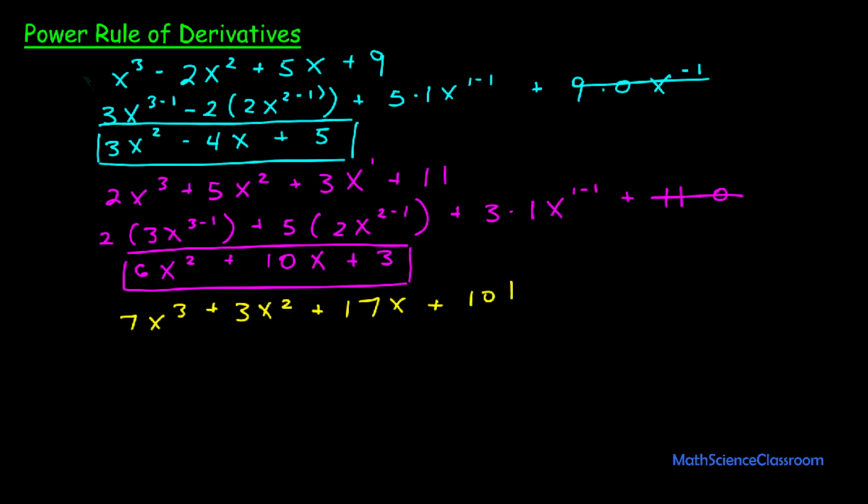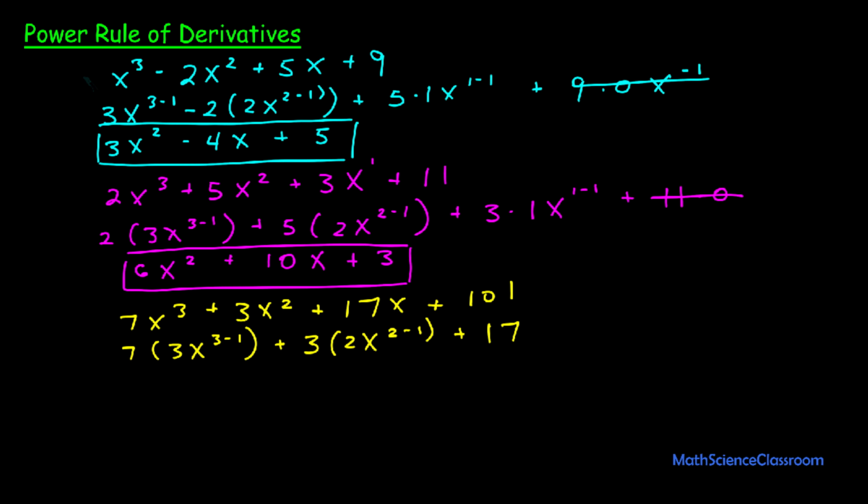So using the constant multiple rule, 7, and then using the power rule, 3x to the 3 minus 1, plus 3 times 2x to the 2 minus 1, plus 17.